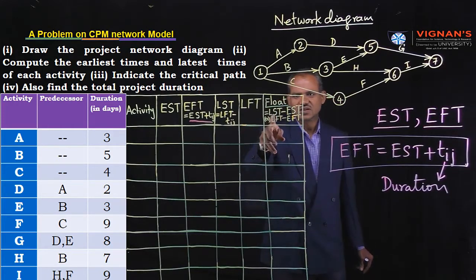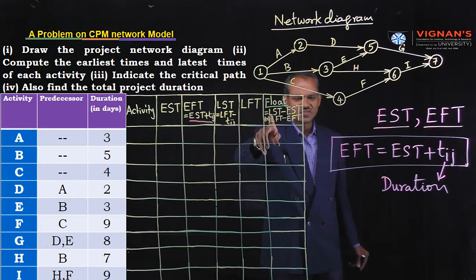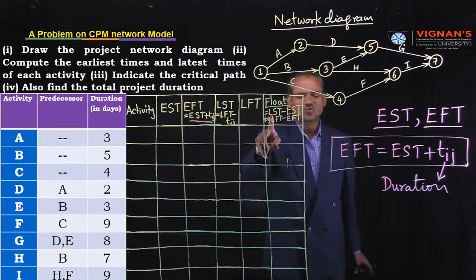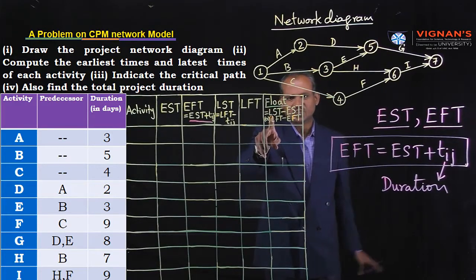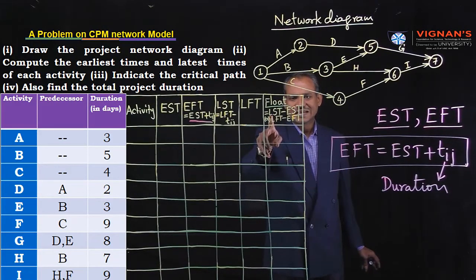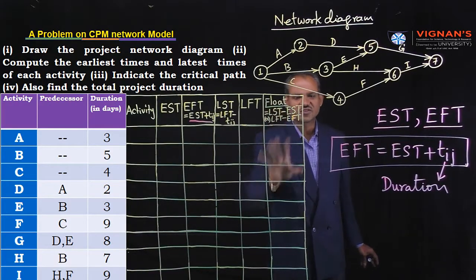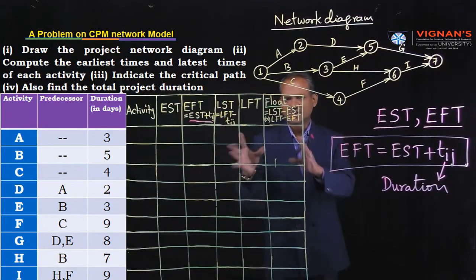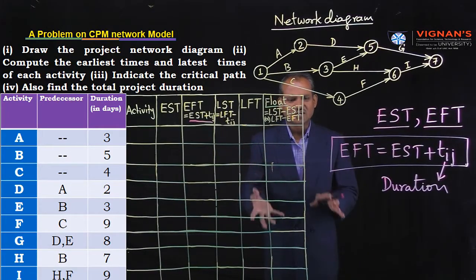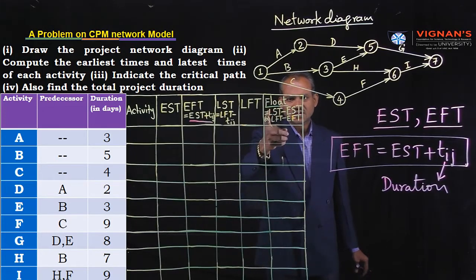Again, another formula: float, or sometimes total float, is equal to LST minus EST or LFT minus EFT. In both ways you can calculate and cross check whether the answer is correct or not.